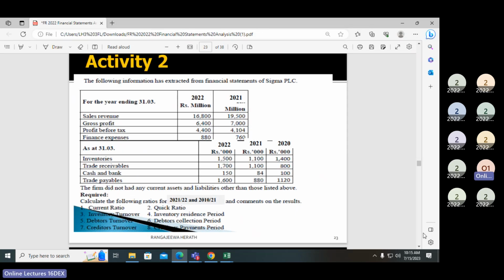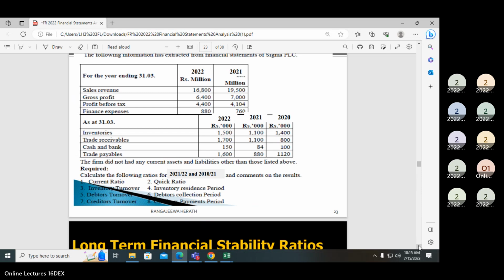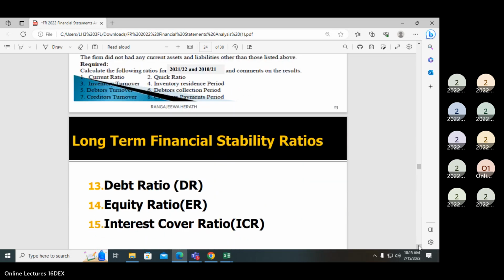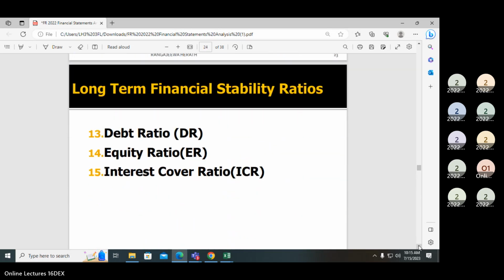So we move up. We have now discussed 12 ratios: 4 profitability ratios, 2 liquidity ratios, and 6 working capital management ratios. Altogether 12. Then we have long-term financial stability.